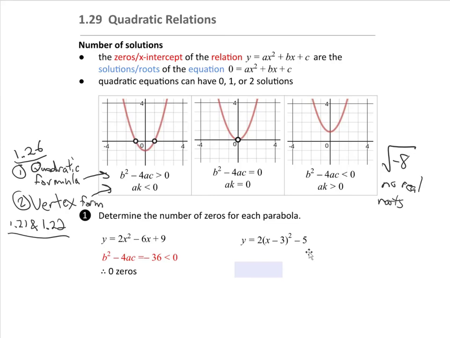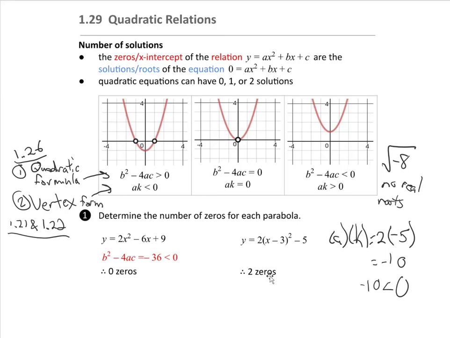It is less than 0, that means we have 2 solutions, because a times k is equal to 2 times negative 5, which is equal to negative 10, and negative 10 is less than 0.